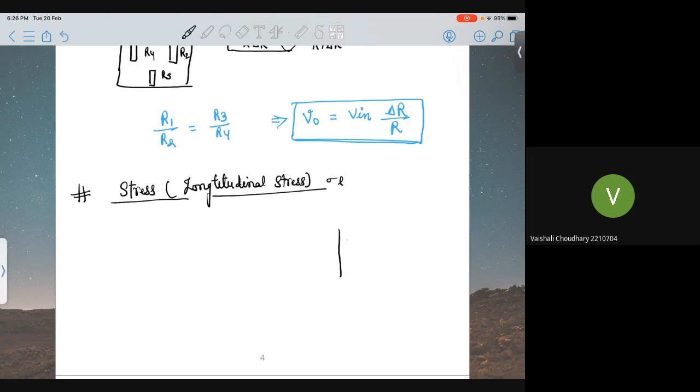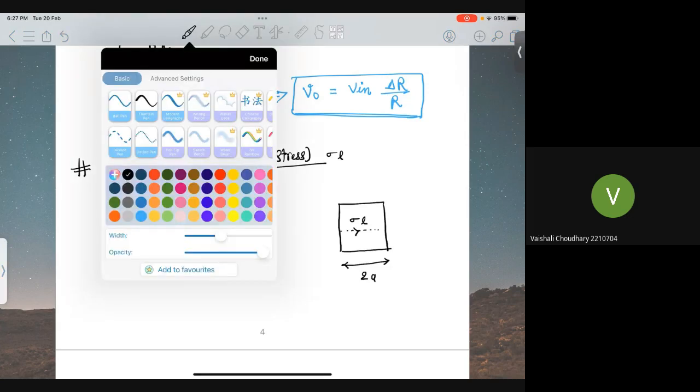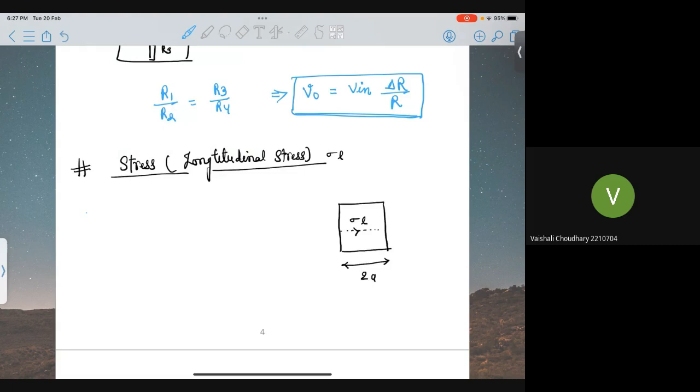So for a square membrane having a side of 2A, and this is the direction of longitudinal stress, then at x equal to plus minus a, because here the catch is this distance is a and this distance is also a.